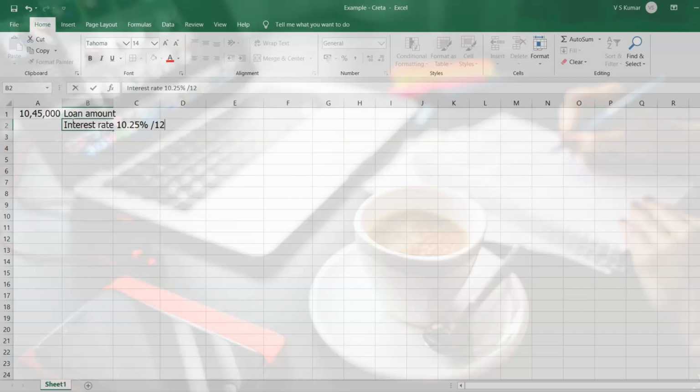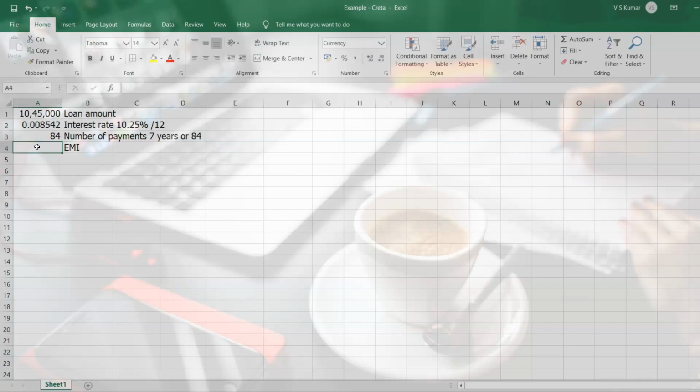If divided by 12, you get monthly interest equal to 0.1025 divided by 12, and number of payments, 7 years or 84 payments. So it's 84.